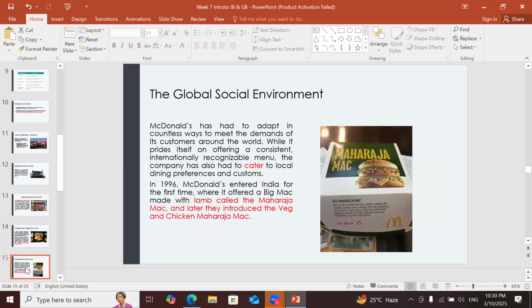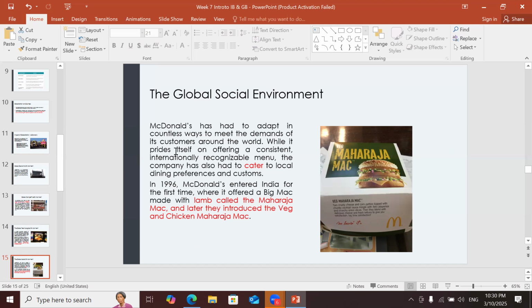Social environment, the social aspect. When you do business with another country, you have to follow that country's norms and standards, and on that basis you have to run the business. Otherwise, you will lose. I just write here: McDonald's has had to adapt in countless ways to meet the demands of its customers around the world.